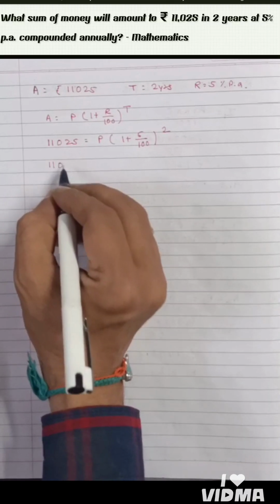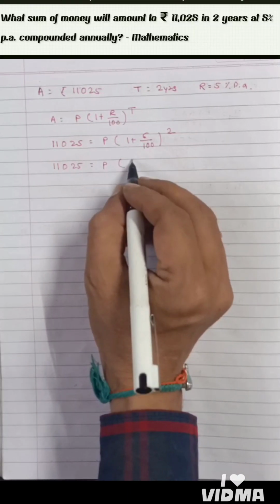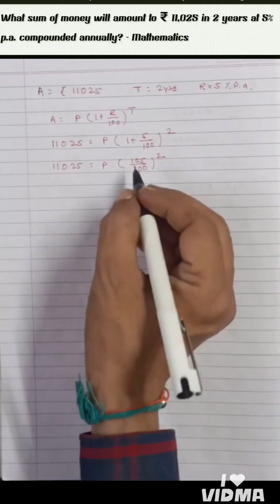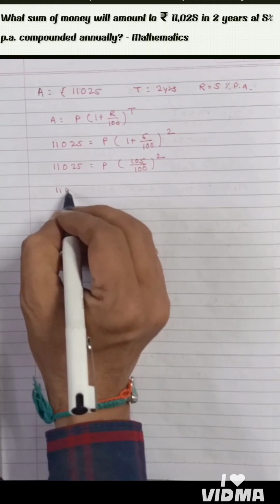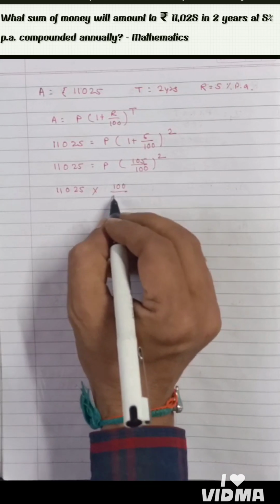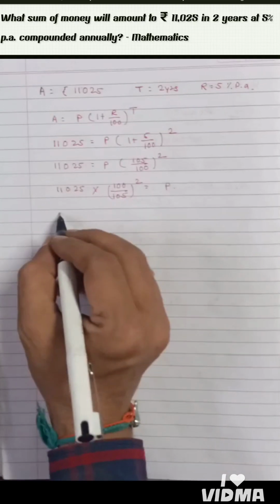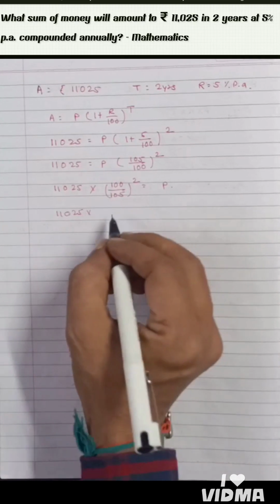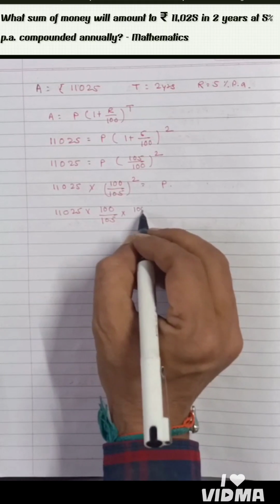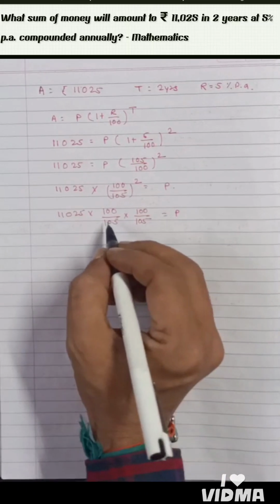So finally it will be like 11,025 equals P into 105 upon 100 whole square. So now we'll shift this to this side. So it becomes 11,025 into, this becomes the reciprocal, 100 upon 105 square, equals P. So now 11,025 into, this we can write as 2 times, 100 upon 105 and 100 upon 105, equals P.